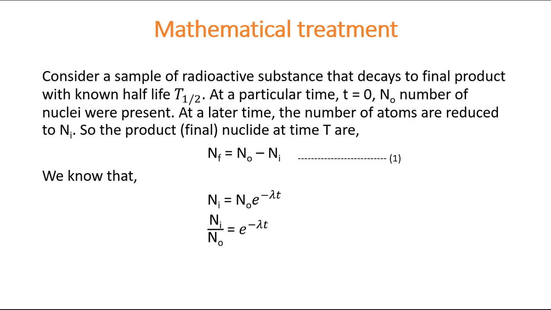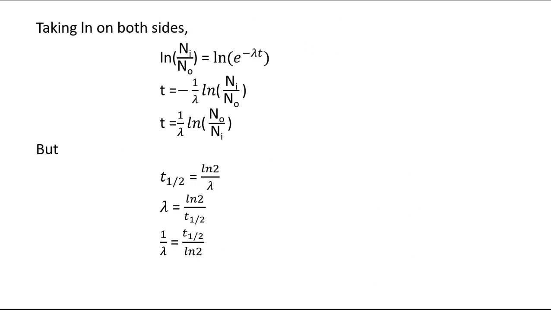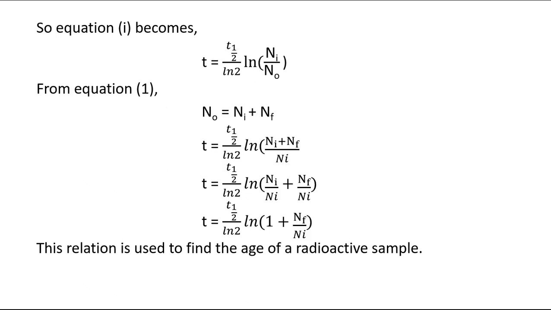where lambda is the disintegration constant, we can have the time T after some solution: T is equal to 1 over lambda natural log N naught over Ni. By using the half-life formula, T half is equal to natural log 2 over lambda, we end up with T equal to T half over natural log of 2 times natural log N naught over Ni.